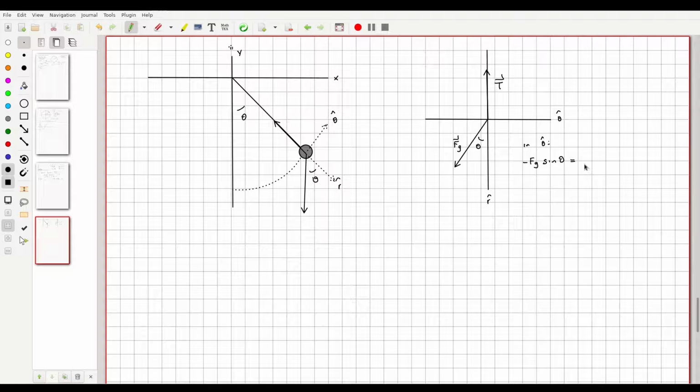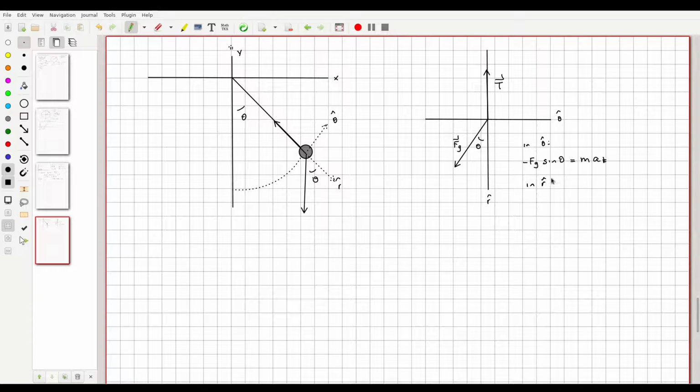This right here is what's going to cause the mass to experience acceleration. Now, the acceleration right here, though, is going to be tangential acceleration, right? Because it's along the direction of the circle, along the path of the circle.